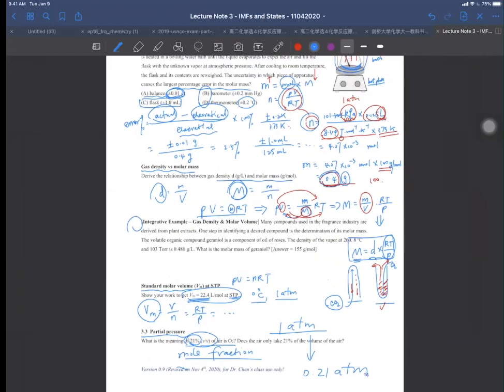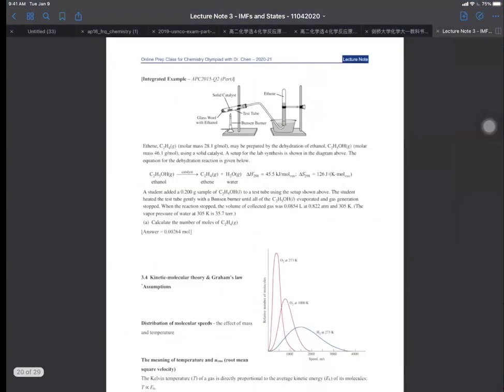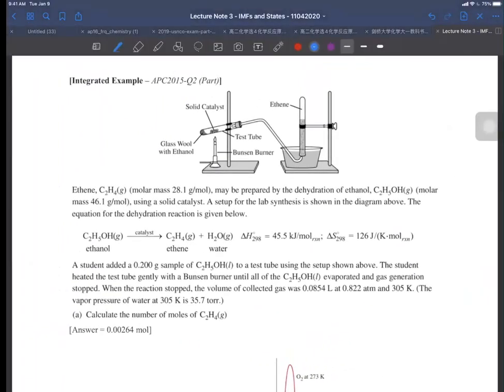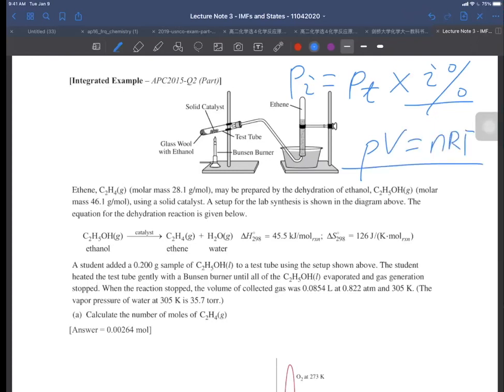So we can conclude the partial pressure of a certain gas i equals the total pressure PT multiplied by the mole fraction of the gas i, right? I think it makes sense, right? You guys can derive this equation by using PV = nRT by yourself, because they have the same T, they have the same V, so the pressure will be proportional to the moles. So you got this, right?